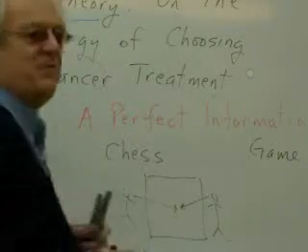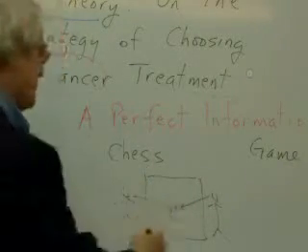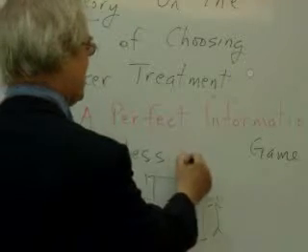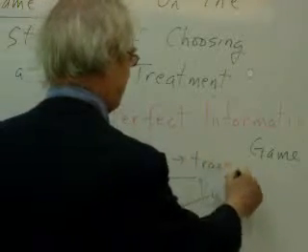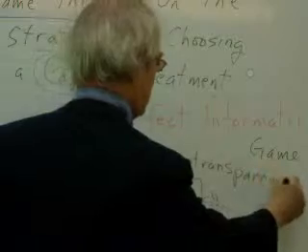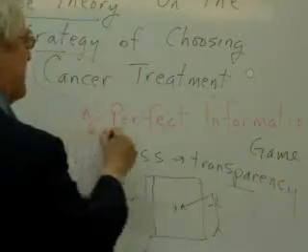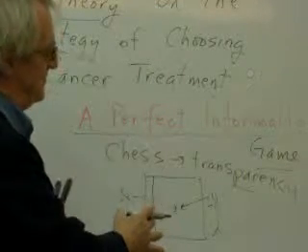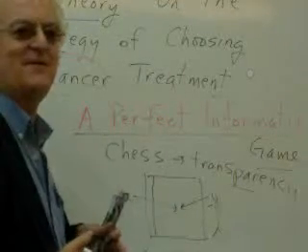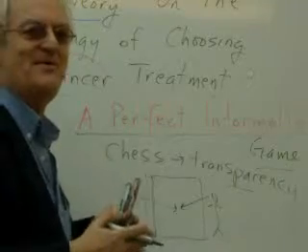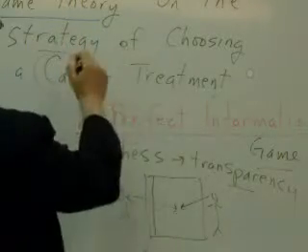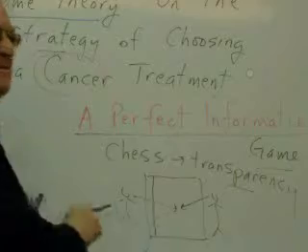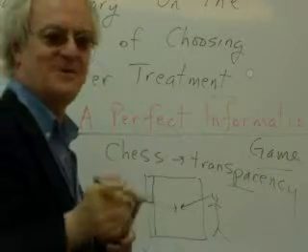Both people playing the game can see each other's pieces. There's transparency. This is a perfect information game. Now, is this what we have in real life when it comes to the strategy of choosing cancer treatment? That's a question that has to be answered.